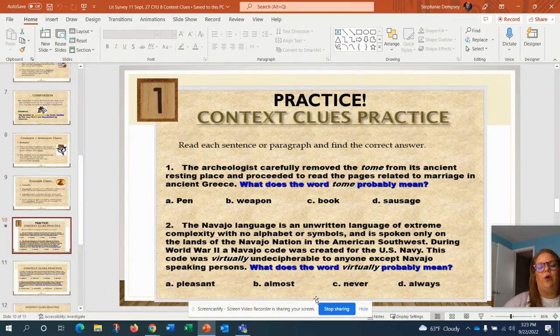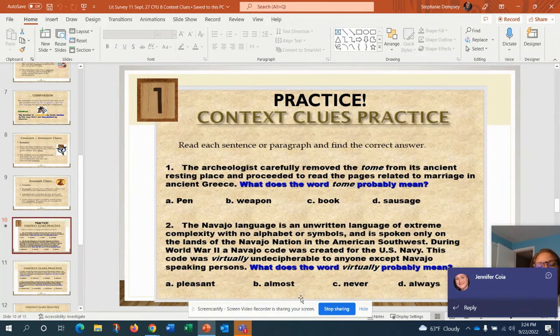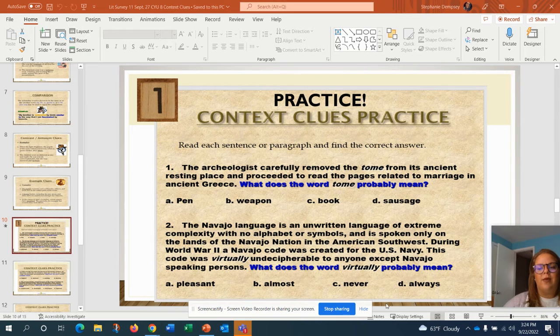Is it pleasant, almost, never, or always? This code was undecipherable, so it means that nobody could decipher it. So I would probably say almost. It was almost undecipherable, meaning that almost nobody could see it.